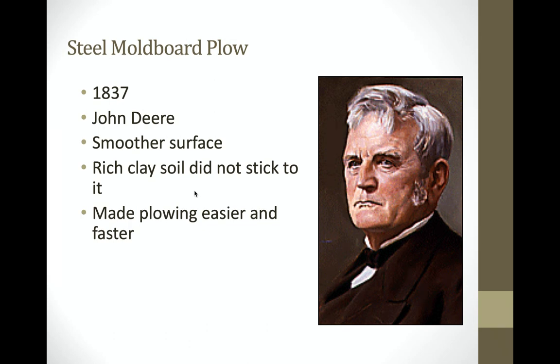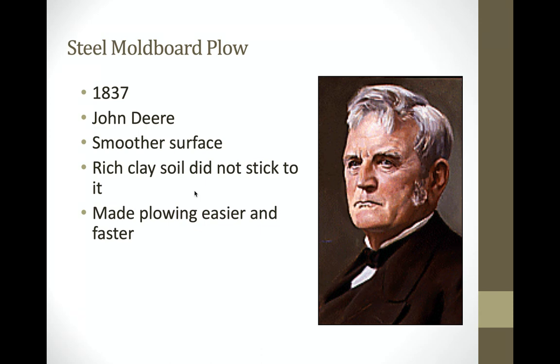So a lot of people think that John Deere is the person who actually created the tractor, but his claim to fame and his very first invention in agriculture was actually this steel plow that was lighter weight, and because of the slick shininess of the steel, the soil was able to kind of just run off of the plow instead of sticking to it like it did with the cast iron plow.